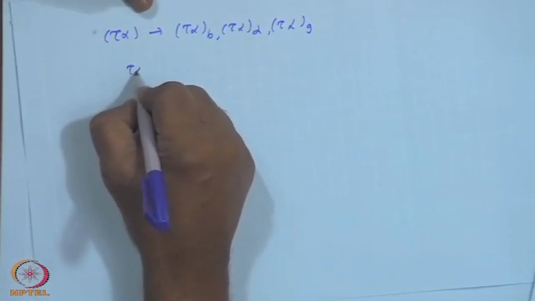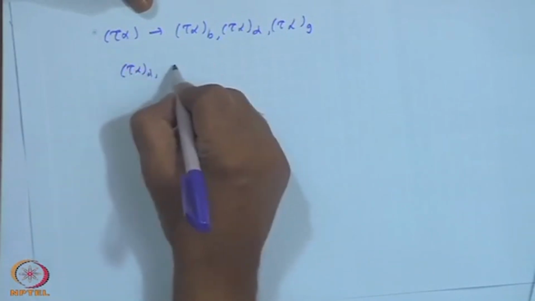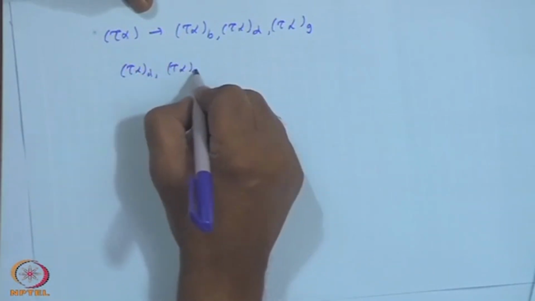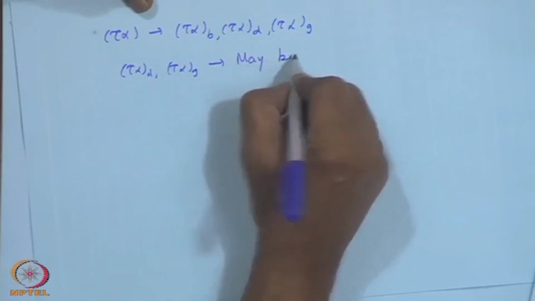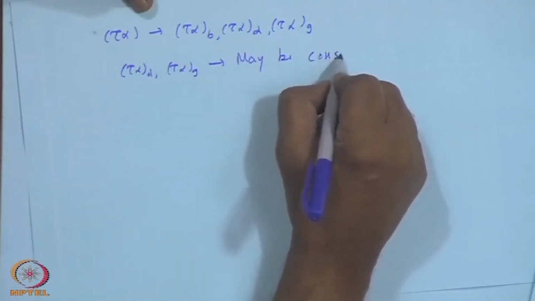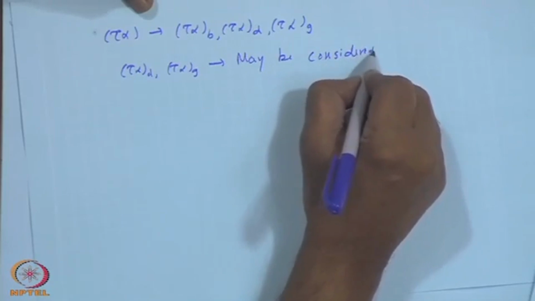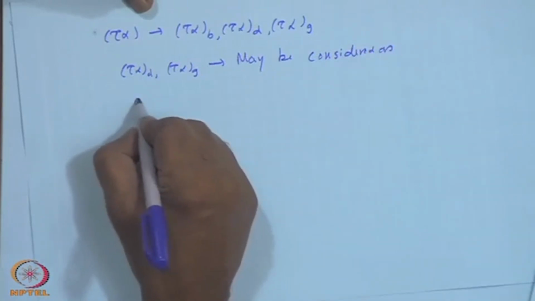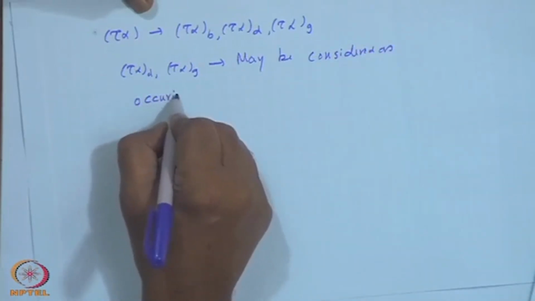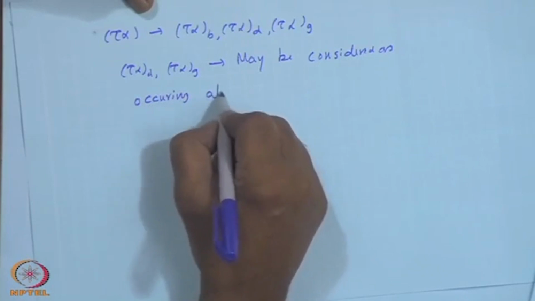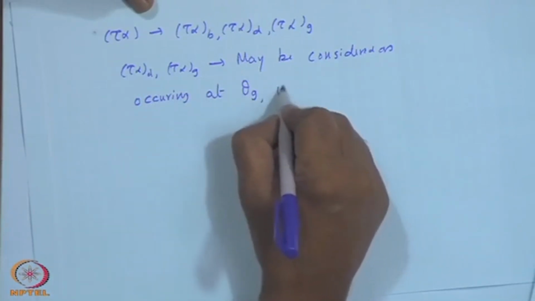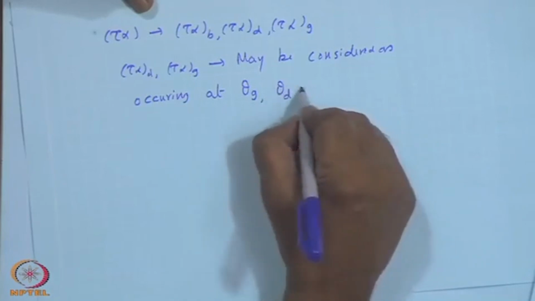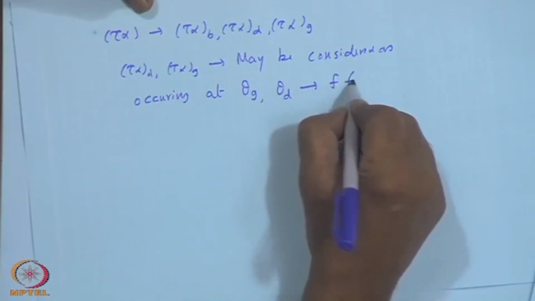And tau alpha d and tau alpha g may be considered as occurring at effective angles for the ground reflected radiation and the sky diffuse radiation, only functions of beta.